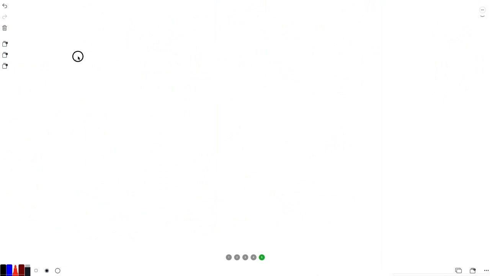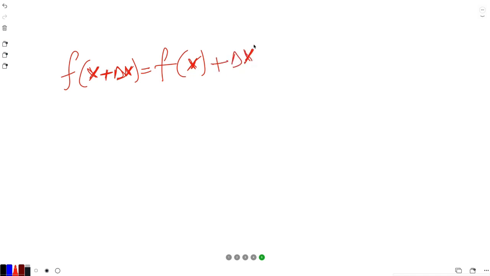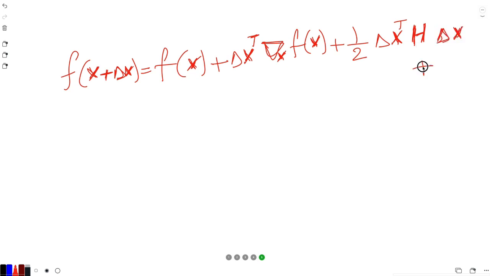In that case, we can say that f of x plus delta x equals f of x, plus delta x transpose times the gradient of f of x, plus half of delta x transpose times the Hessian matrix H times delta x, and then plus the higher order elements, which will be dominated by the norm of delta x to the power of three.